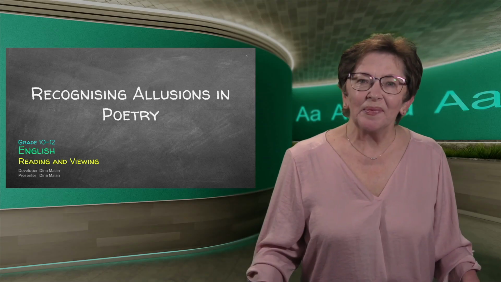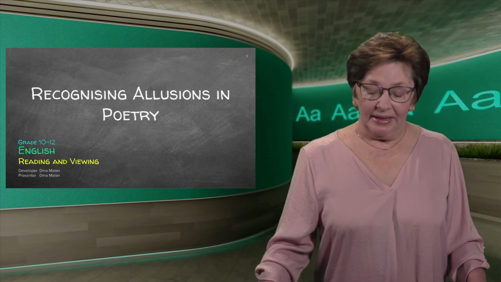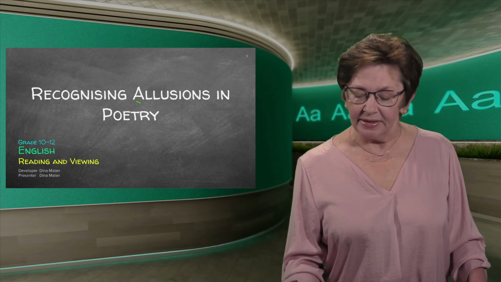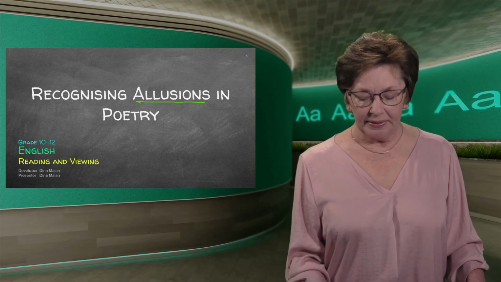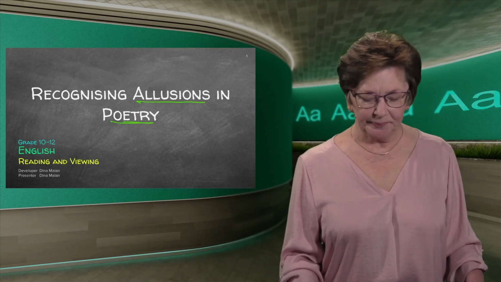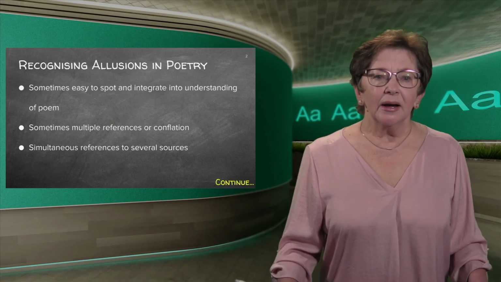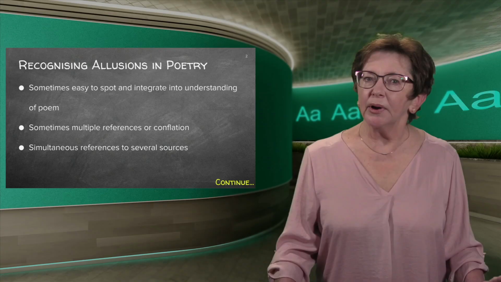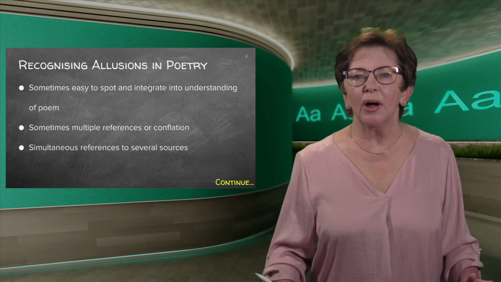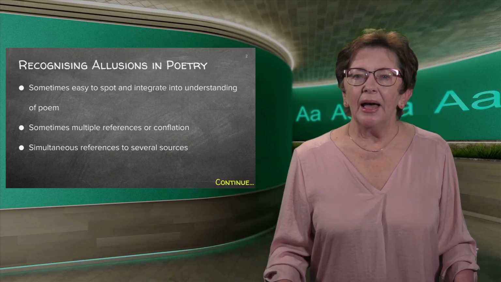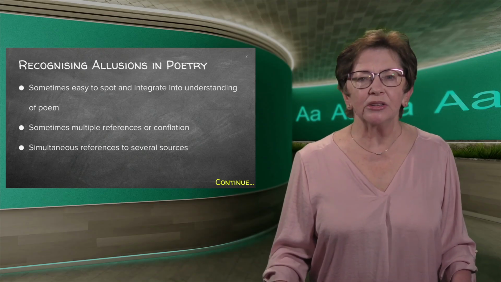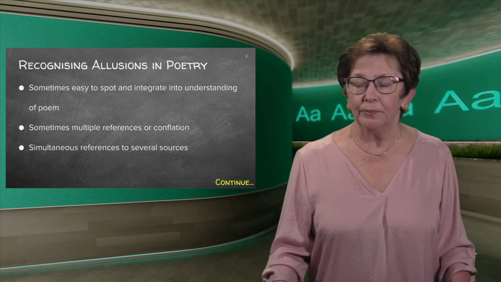Welcome back. This time, it's about recognizing allusions, but in poetry. Now, sometimes in poetry, allusions are quite easy to spot and to integrate into our understanding of a poem.